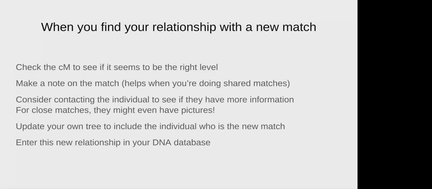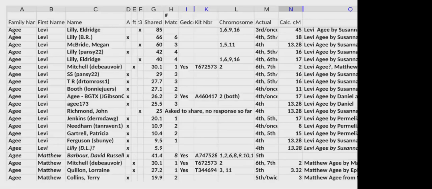What is your DNA database? This is mine. And if that doesn't blow your mind, I've been doing this for, as we've said, almost 15 years. But what I do is for every DNA link I've got, I put the family name of the person into that is the link, the first name, in this case Levi, the name of the person who is the connection, whether it was through Ancestry, Family Tree, or 23andMe, how much DNA was shared, what chromosomes it was on, and what child it was through.